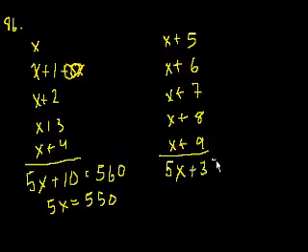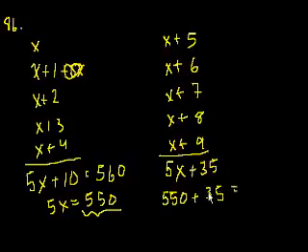So that's 5x plus 35. And they want to know what this is equal to, right? That's the next 5. Well, we know what 5x is. It's equal to 550 from this setup. So it's going to be equal to 550 plus 35, which is 585. 585, that's choice A.